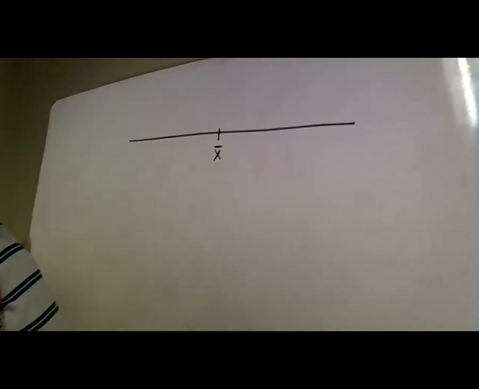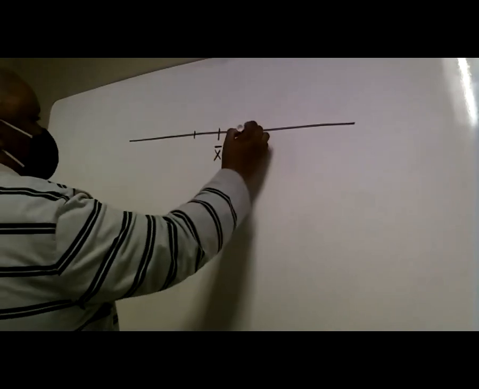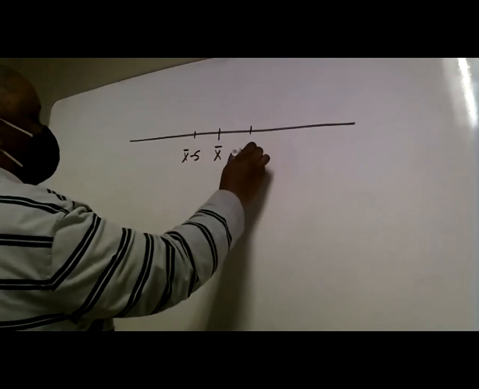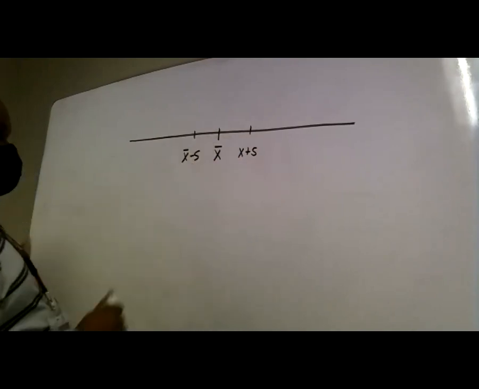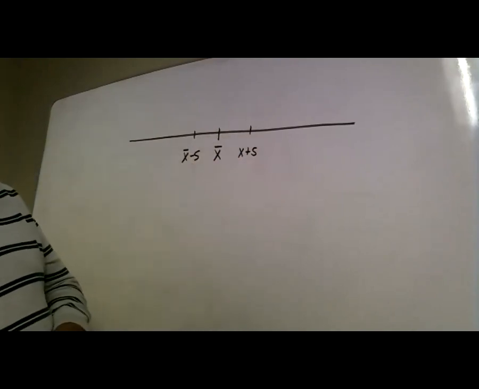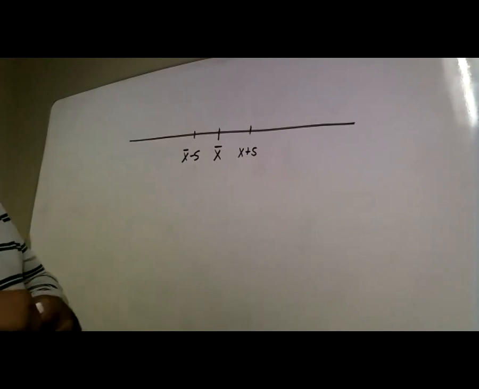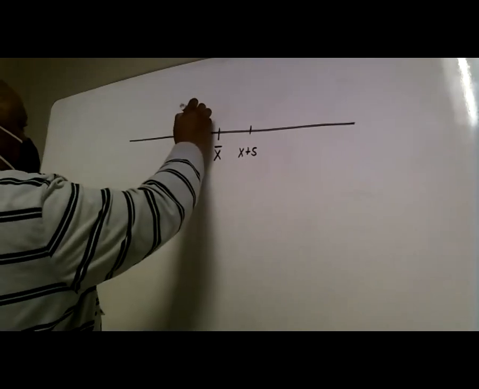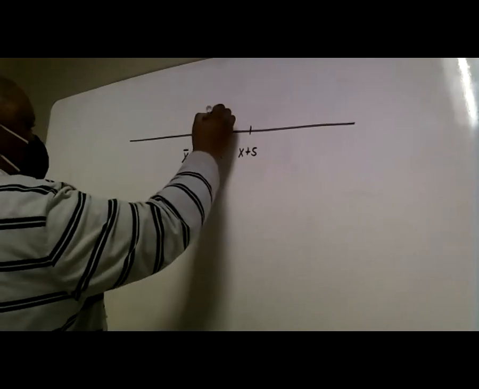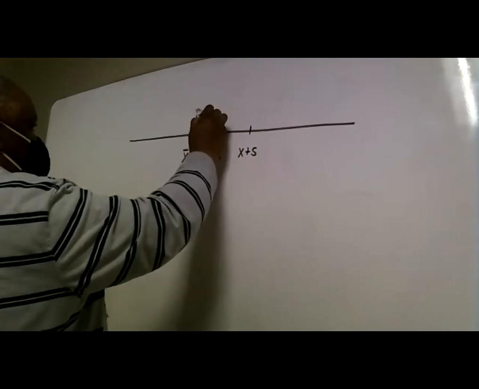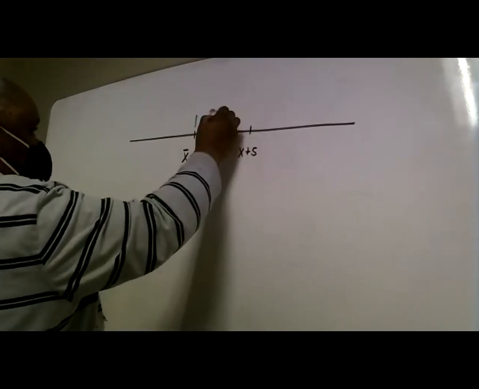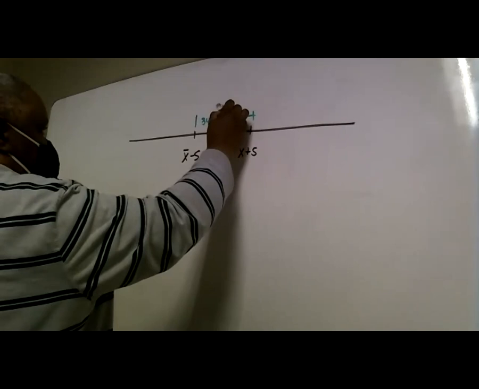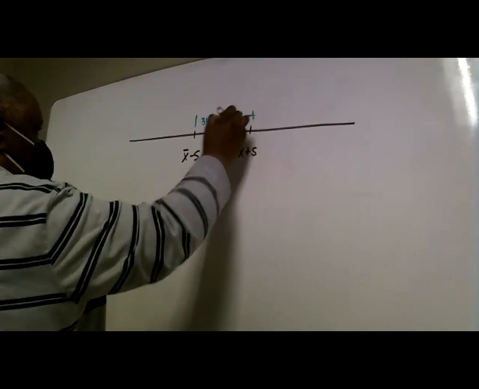Let's say the mean is right here at the center. That represents 68% of the data values that are within one standard deviation of the mean, which means if these are spaced out evenly, and I take half of 68, that's 34 on this left side of the mean, and on this side, also 34%.